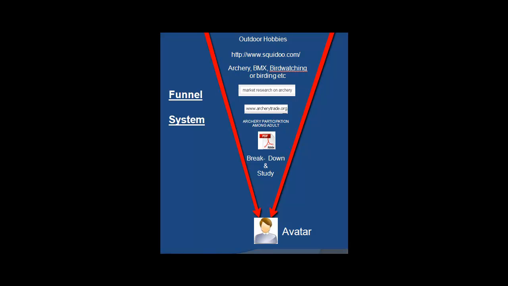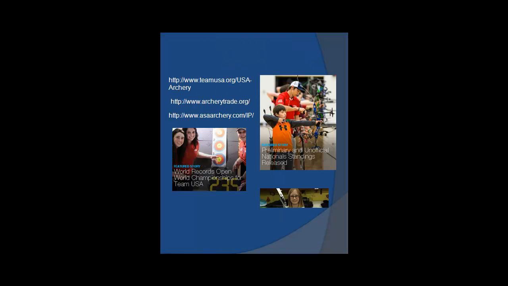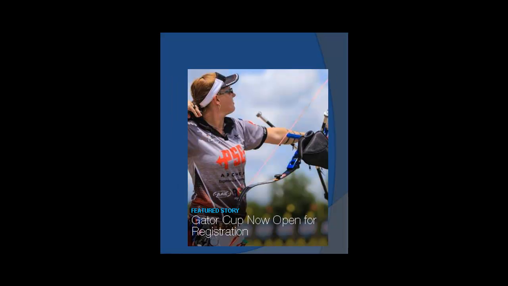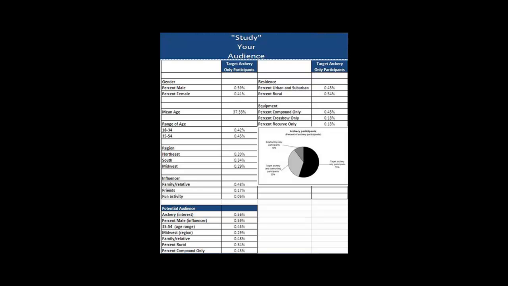And when I looked at this website and this audience, there were young people, and then there's also adults participating in archery. So I went back to my stats, and sure enough, there is the female 41% of the population.